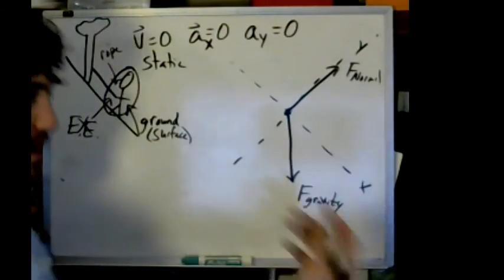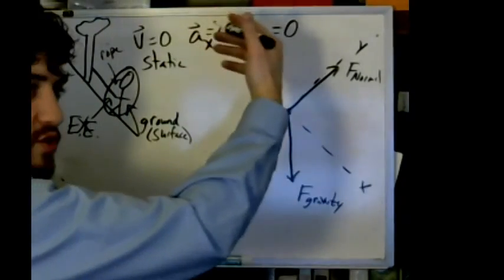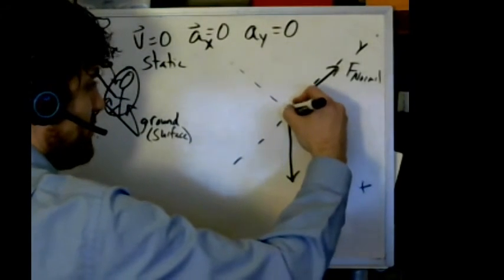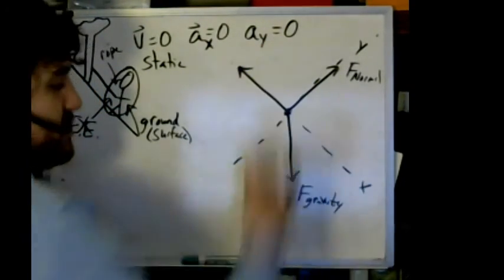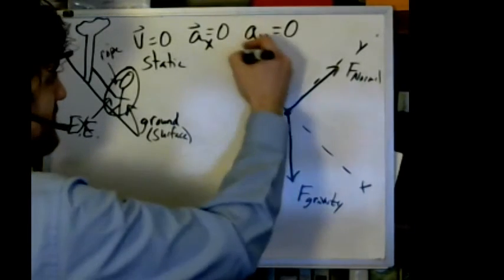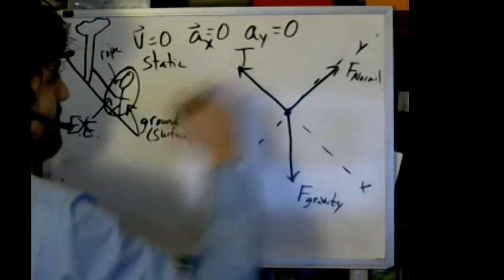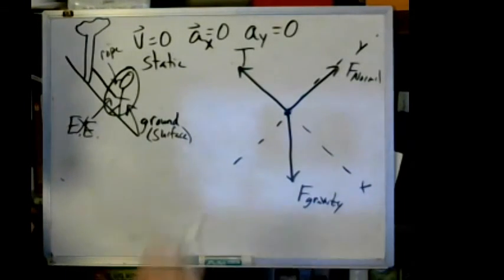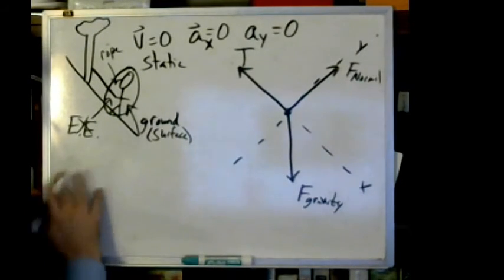The rope can only pull along the direction in which the rope is. The rope is parallel to the ground, which is our surface, so the tension is going to be along the x-axis. Here's our tension. So the question becomes, is there friction? Let's leave off friction for a moment, and we'll swing back and see if we end up needing it.